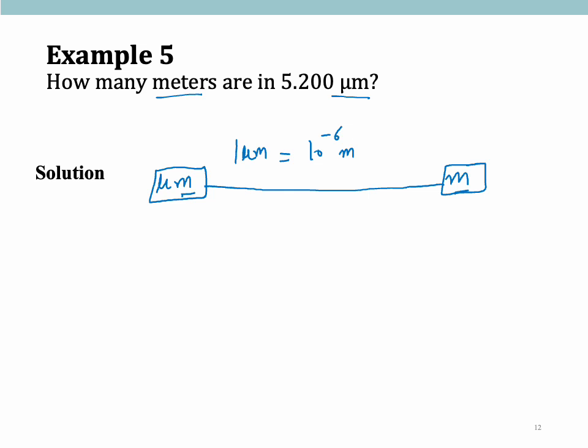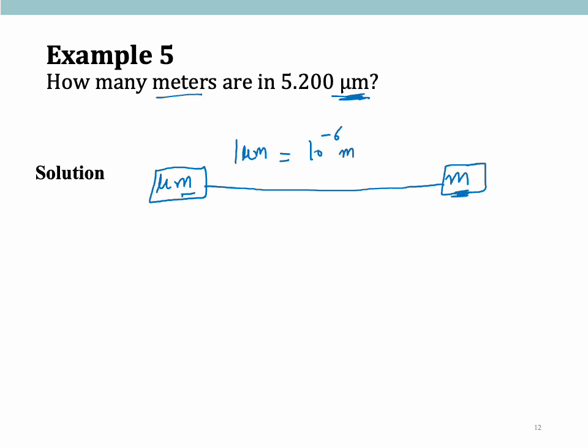If this is the relationship that relates these two units, and once you have this relationship figured out in this manner, that tells you this is the approach you will be using. Always write down what's given to you. The starting unit is this unit, the number that's given to you.